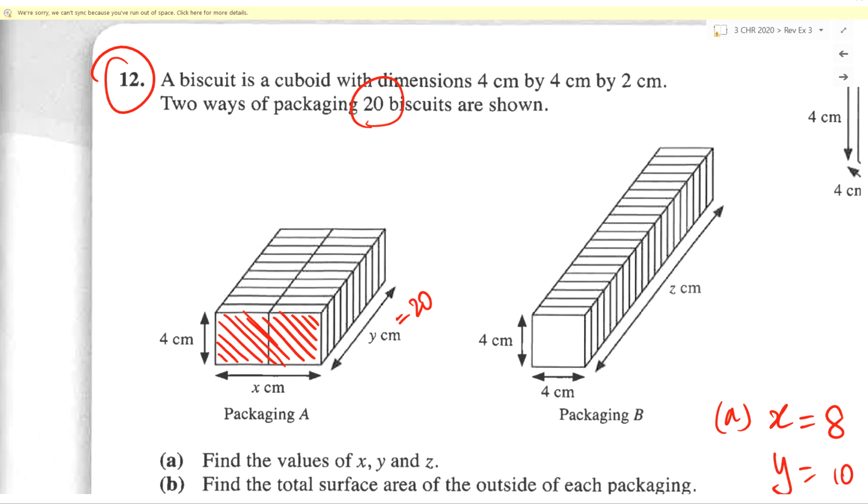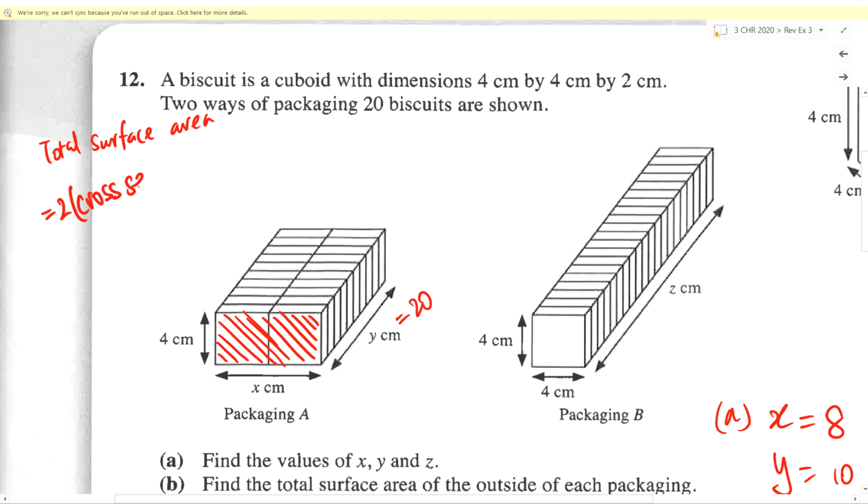Now after you have shaded this, I'll write down the formula again. For total surface area equals 2 times the cross-sectional area. Okay, so we got 1 in front and 1 behind. That's why we have 2 of them.